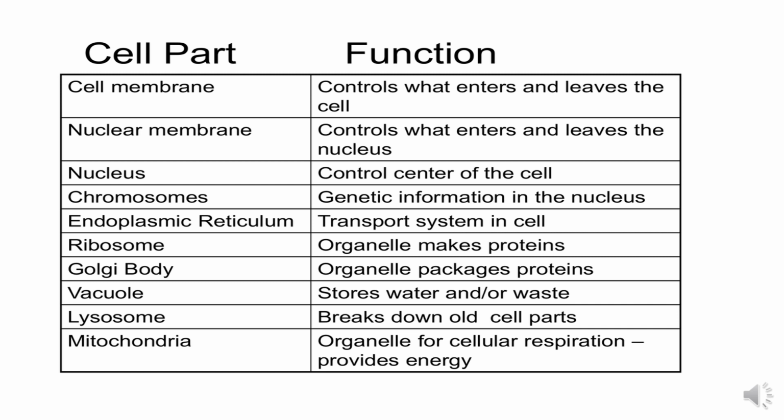Endoplasmic reticulum is a transport system. Ribosomes make proteins. Golgi complex or Golgi bodies are the packages of proteins. Vacuole stores water and other waste. Lysosomes break down old cells, and mitochondria helps in cellular respiration and provides energy. Thank you.